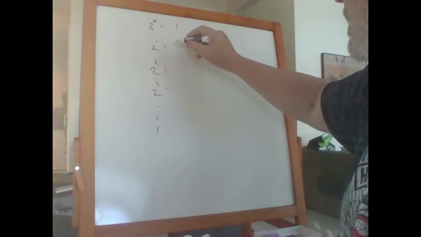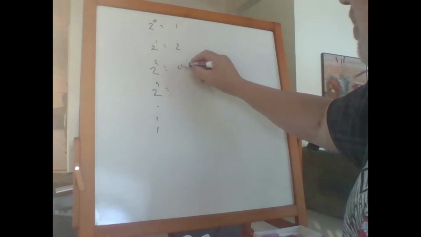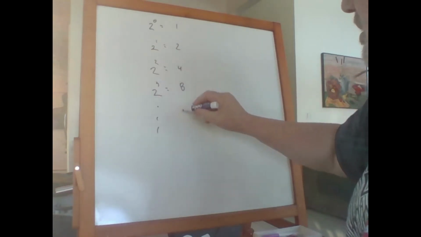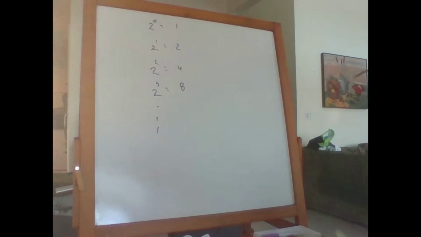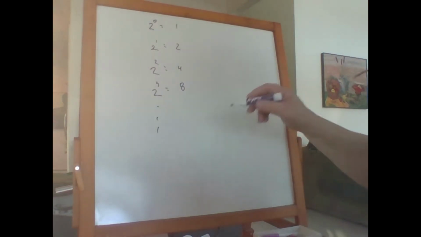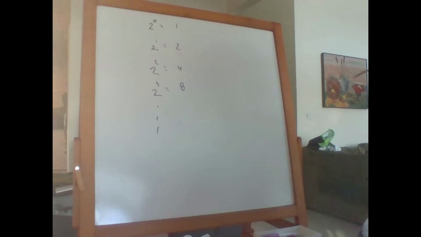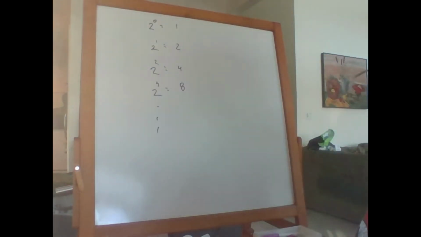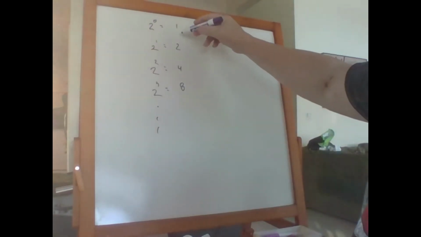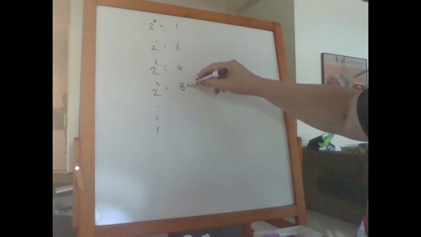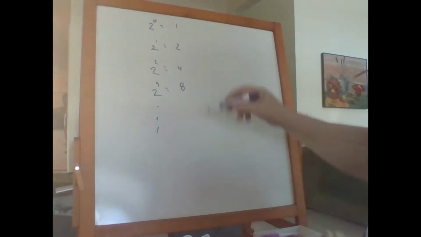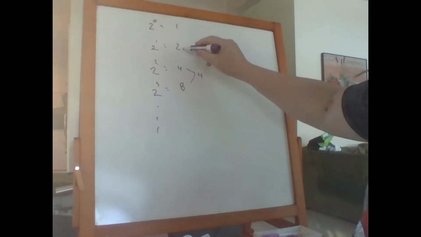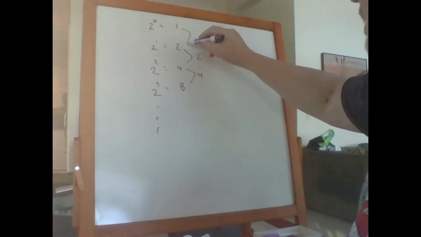We have 1, 2, 4, 8, next one 16, 32, and so on. So they do go up, and they go up fast, but for the early ones, we don't see that there's much of a spread. Here there's 1, here there's 2, here there's a gap of 4, 2, and 1.